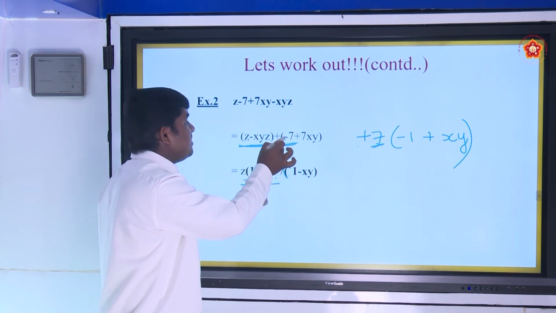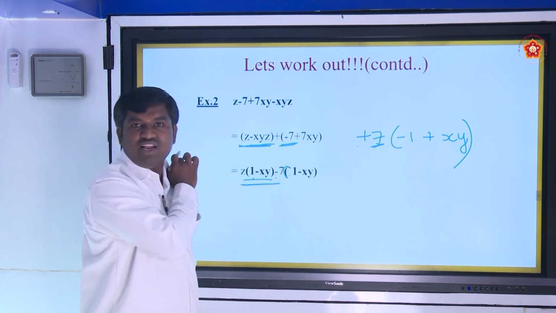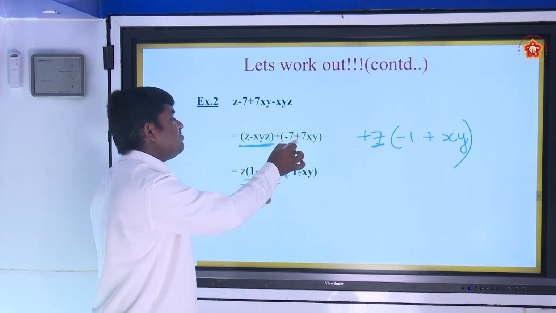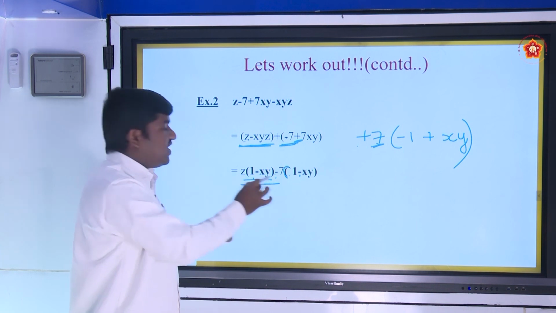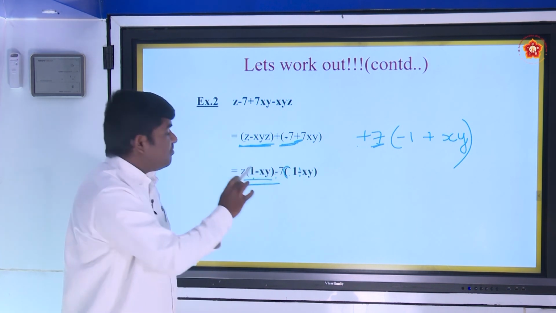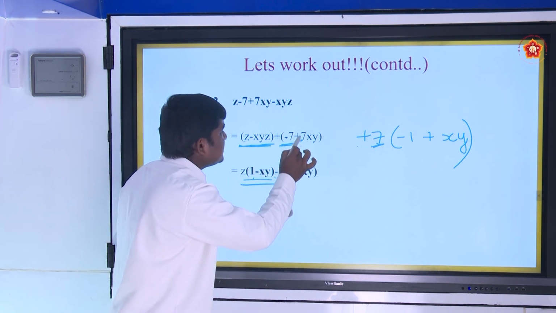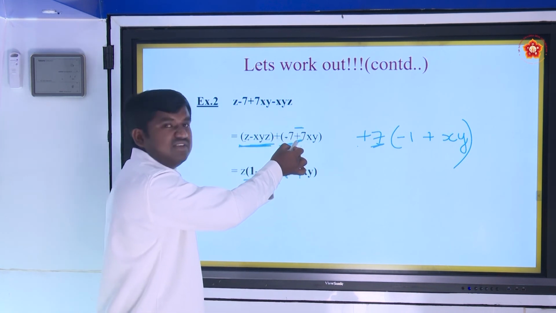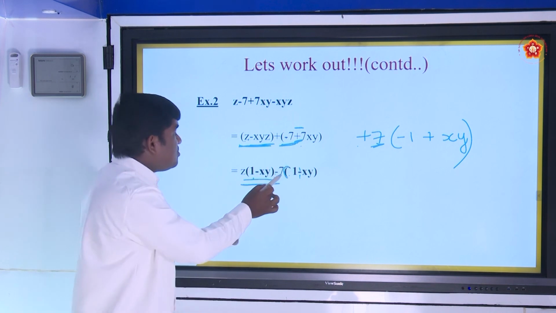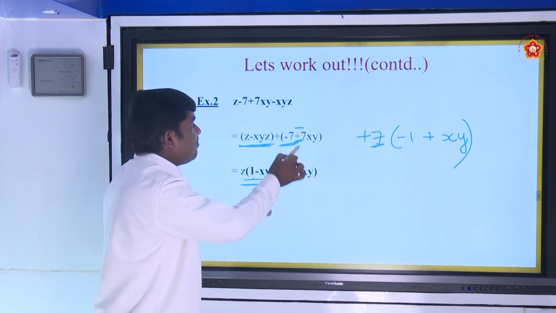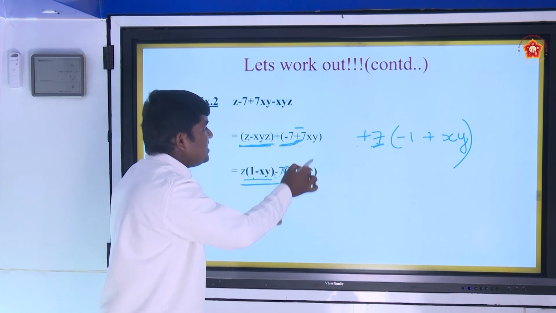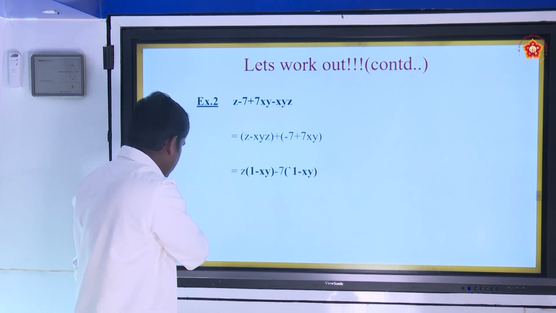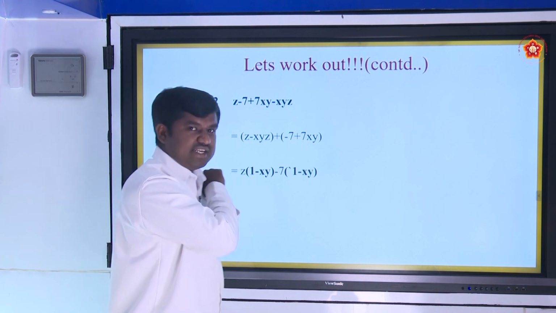Minus into plus is minus, 7 into 1, 7. Next, minus into minus is plus. If we write plus, that is wrong, because minus into plus is minus. Here we would get minus, but there is no minus here. Here we have plus. So minus into minus plus 7 into xy, 7xy. Okay, this is how we take common factors.